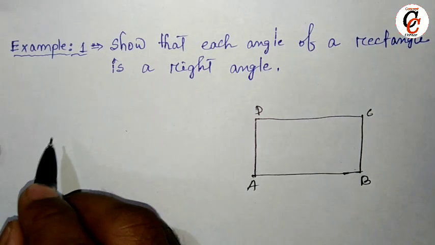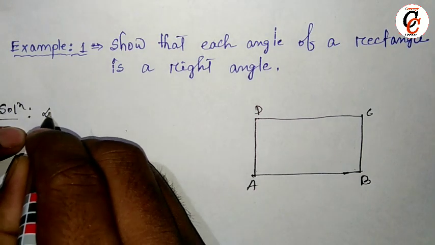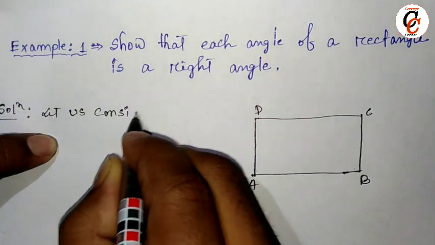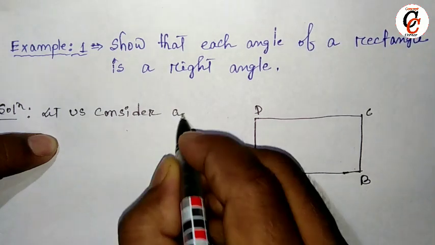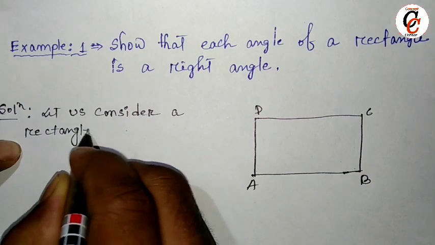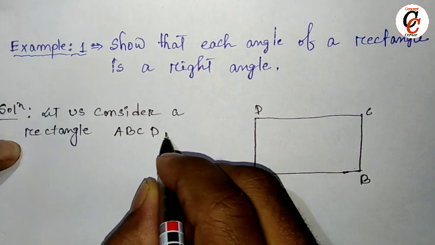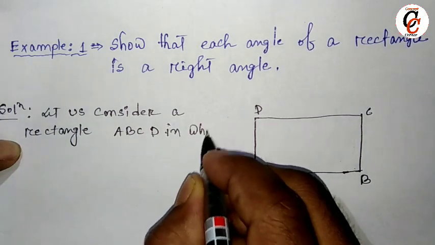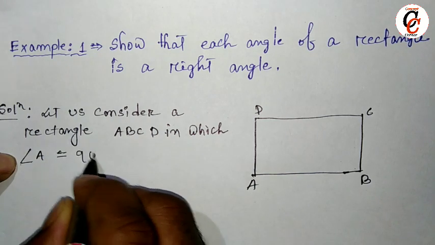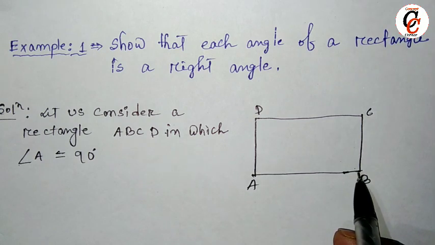So let us start. Let us consider a rectangle ABCD in which angle A is 90 degrees.